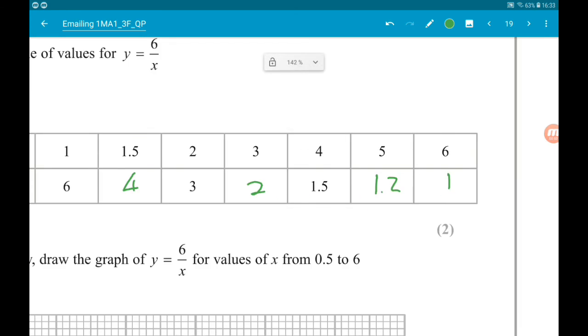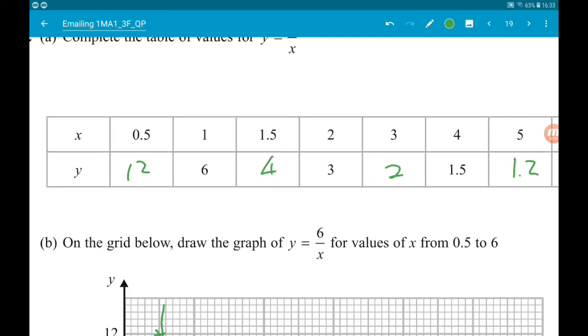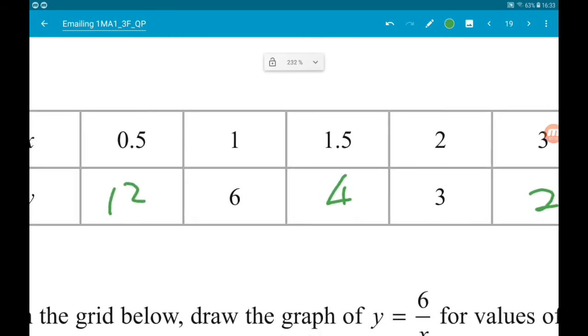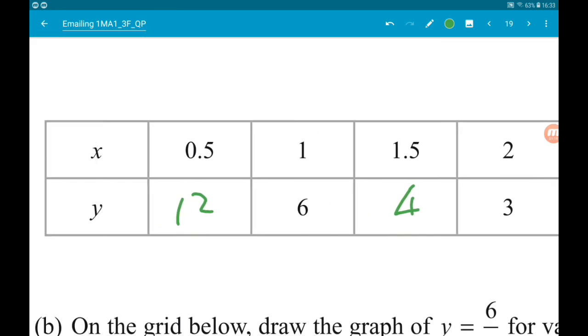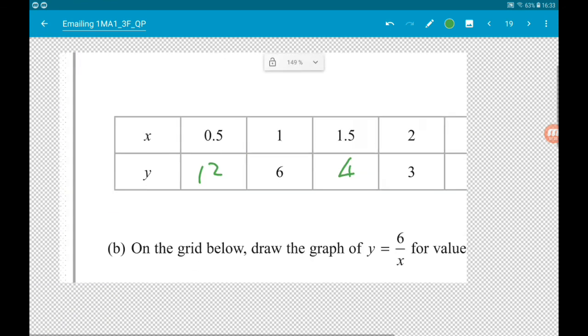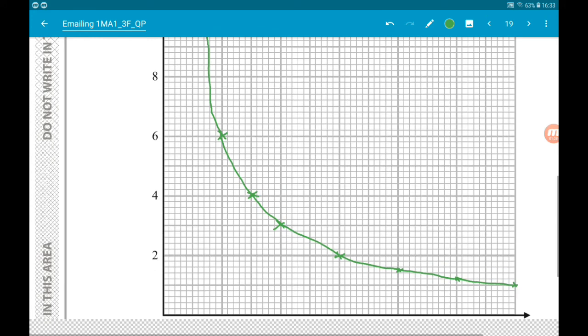Cool. So, then part B says on the grid, draw the graph of y equals 6 over x for values of x from 0.5 to 6. So you need to plot each of these coordinates. So x is your along, y is your up. So for example, the first one we want to plot is 0.5, 12. Make sure you're happy with the scale.